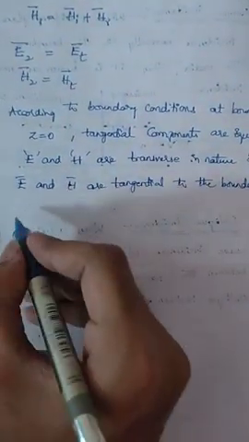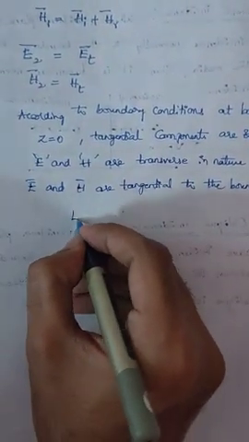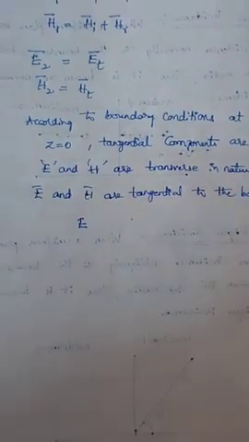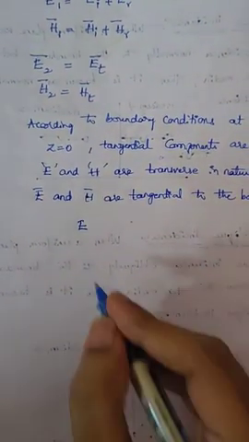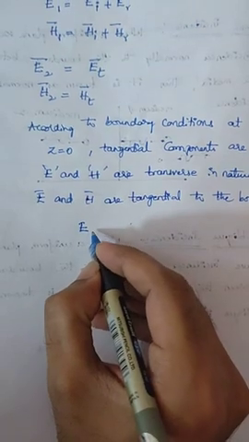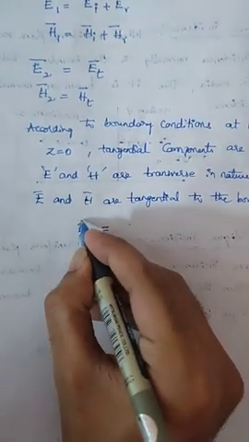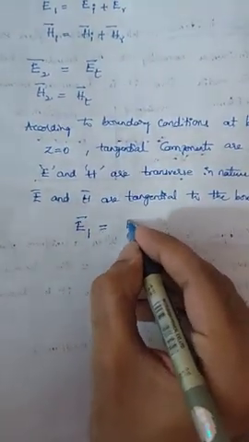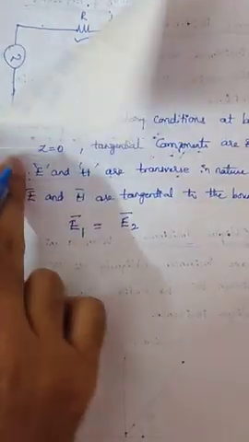So the total electric field intensity of medium 1 equals the total electric field intensity in medium 2.